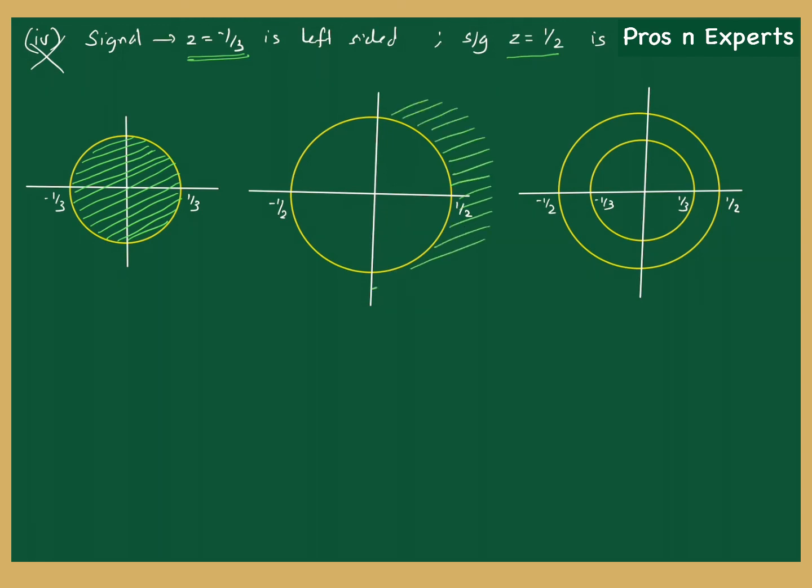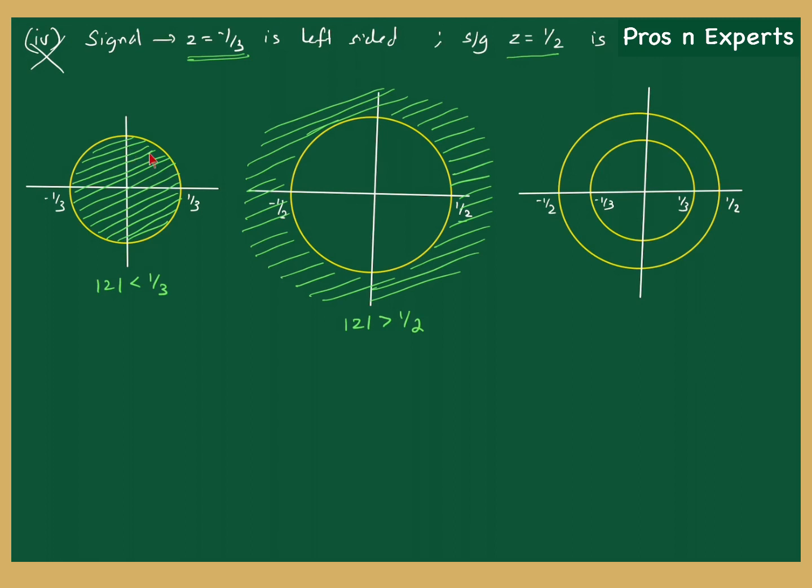Okay, because this is a plot for pole z equal to half, and since the signal is assumed to be right-sided, the ROC will be outer to the circle corresponding to this pole half. Okay, so this is mod z less than 1 by 3 and this is mod z greater than 1 by 2.